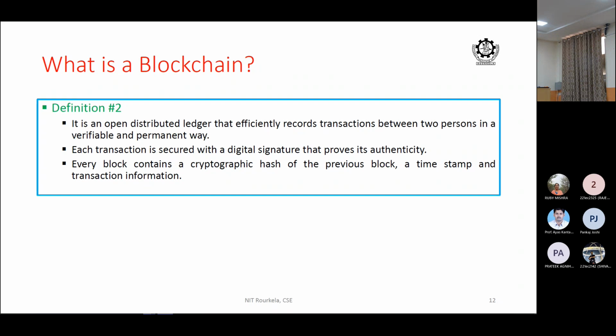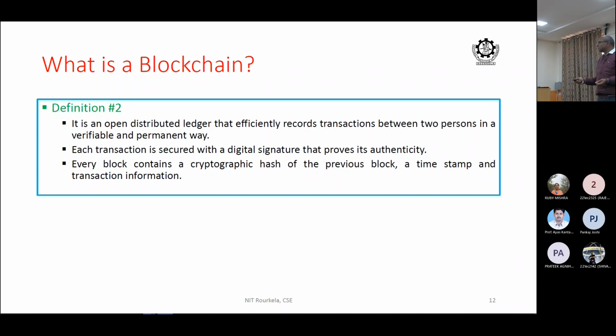So how are the transactions recorded? In a verifiable manner. That is, any transaction made in a blockchain can be verified by anyone in the chain. It's verifiable, and so there is transparency. Once recorded, it's permanent. You cannot change it, so you cannot tamper with the data.